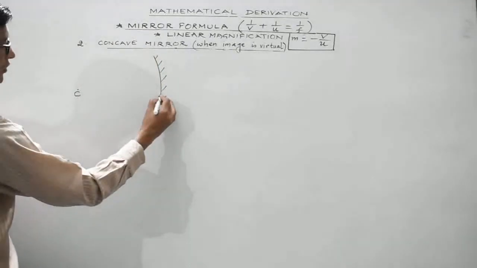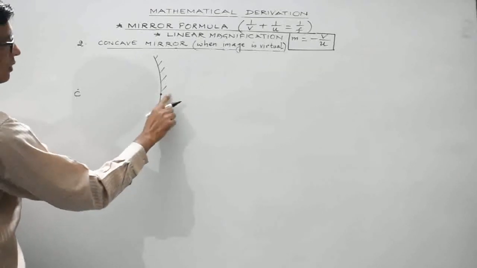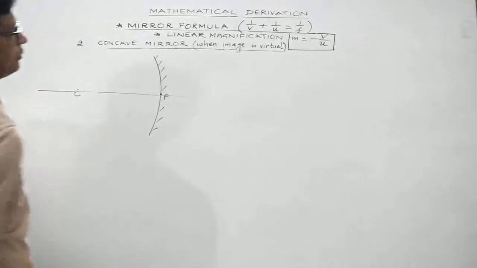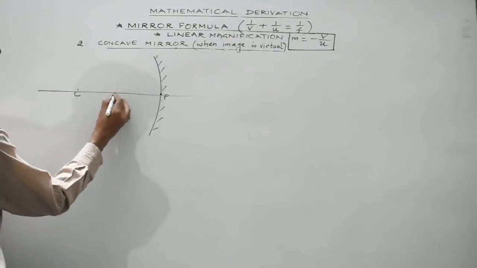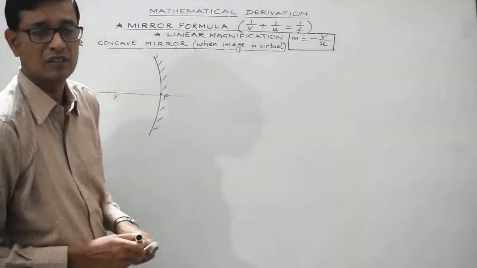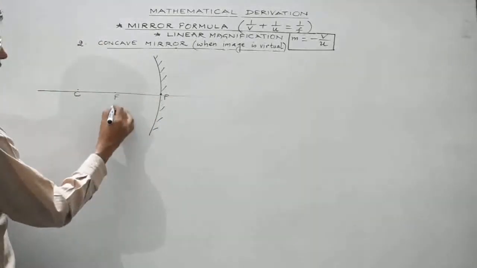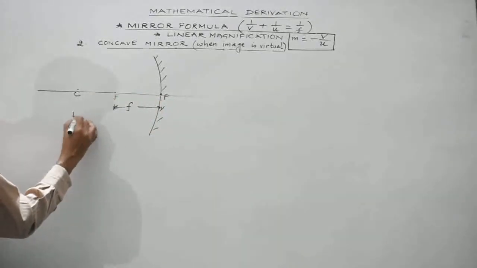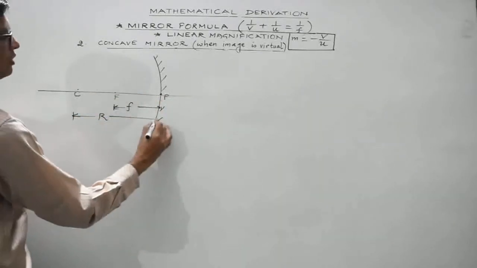And the center of the spherical mirror is known as the pole. This is the pole. Line joining P and C, that's principal axis. Exactly the midpoint, that is principal focus. You all are aware of these terms. The distance between P and F, that's focal length. The distance between P and C, that's radius of curvature.